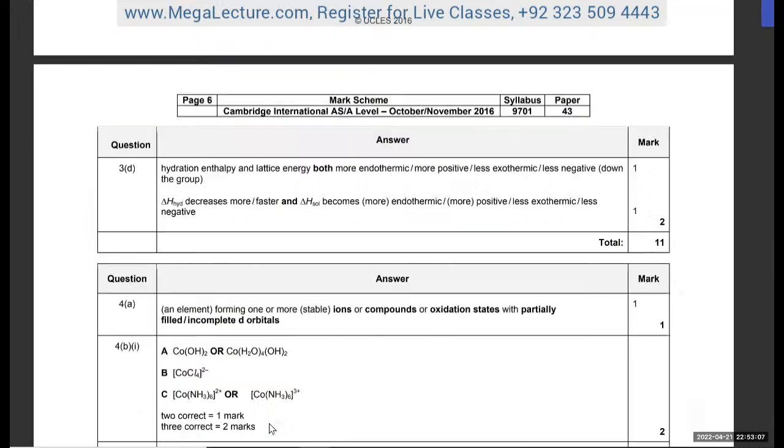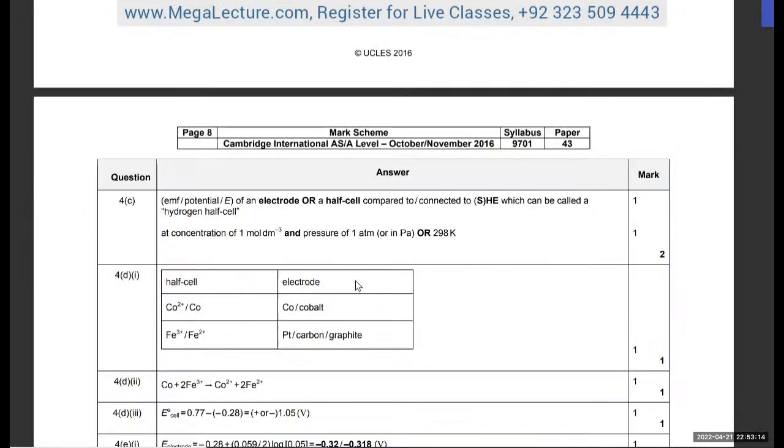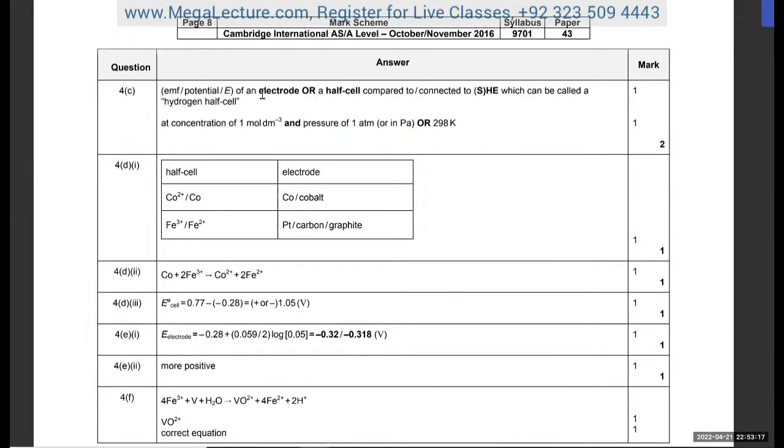So, मैं देख लेता हूँ if it's a half cell related definition. It's going to be the same thing. It's an electrode or a half cell. Same thing. An electrode is a half cell. Okay, but is this clear? Yeah, I think they're just being noted in the marking scheme. And when it's compared to or connected to a standard hydrogen electrode or a hydrogen half cell.